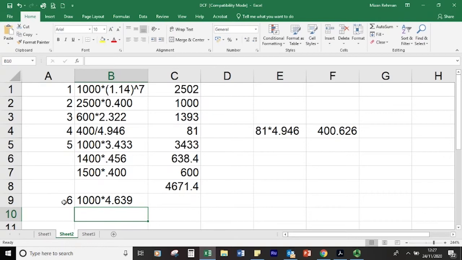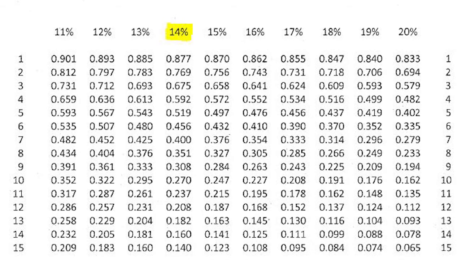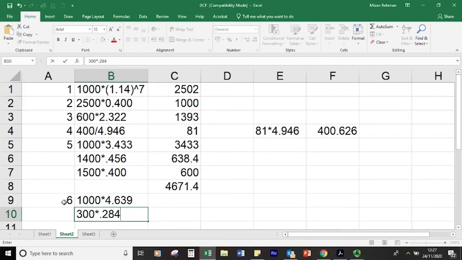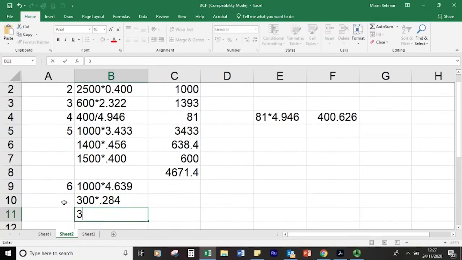So 300, and I'll multiply that with the year 9 present value table under 14%. So 0.284, and 300 times 10 years value, 0.247.